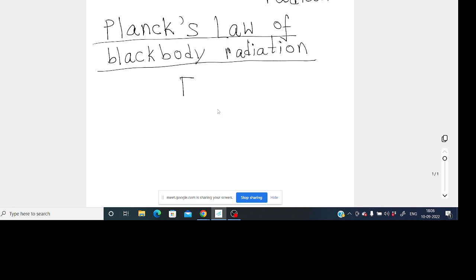We know that the energy of a photon is E equal to h nu, right? Here h is the Planck's constant and nu is the frequency. Now this nu is equal to c by lambda.